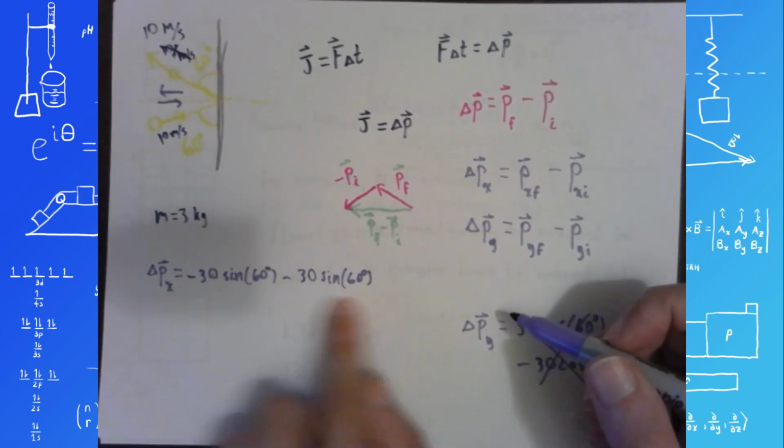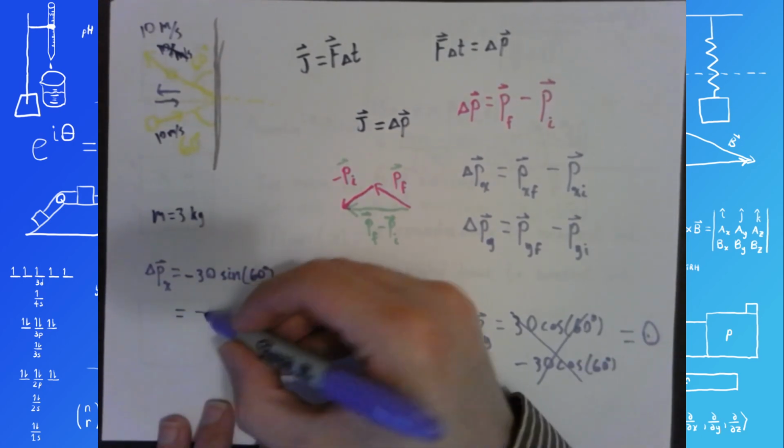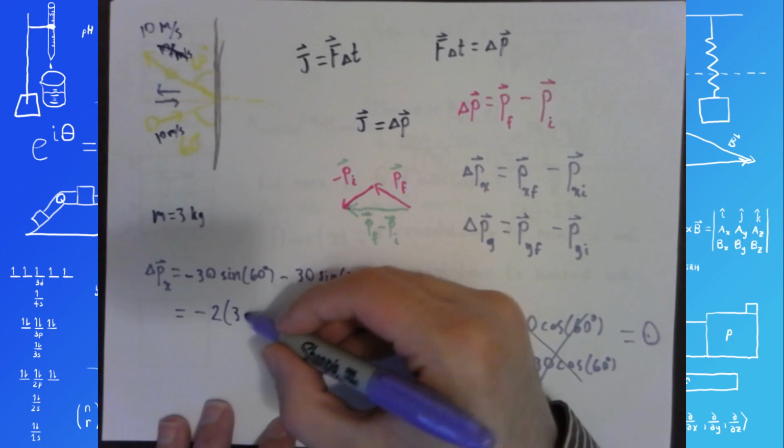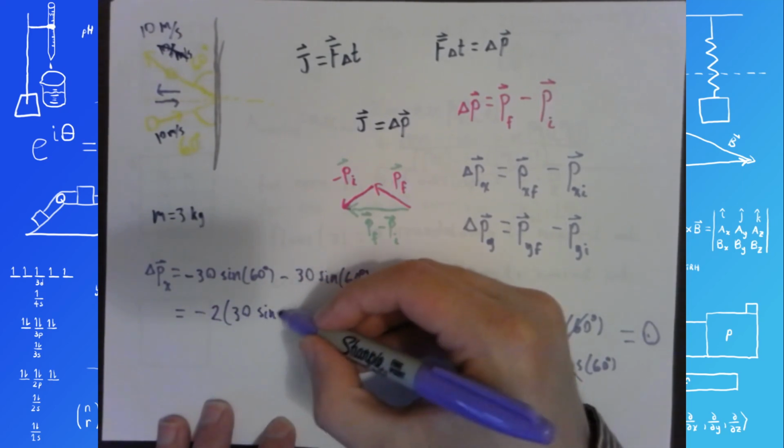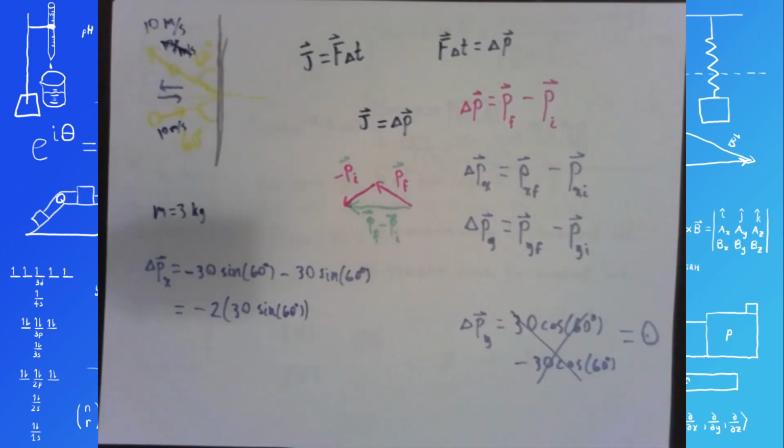So negative minus positive gives you negative 2 times 30 sine of 60, and the rest is just calculator work from there.